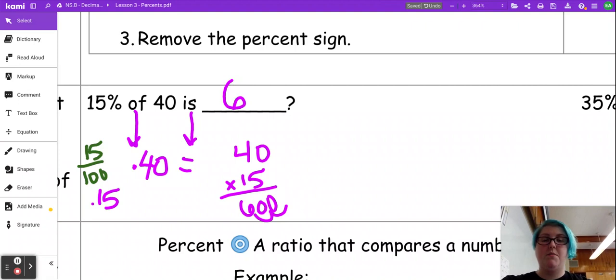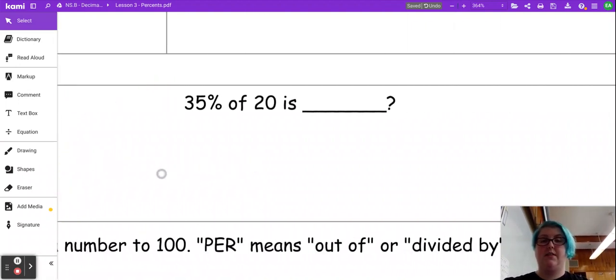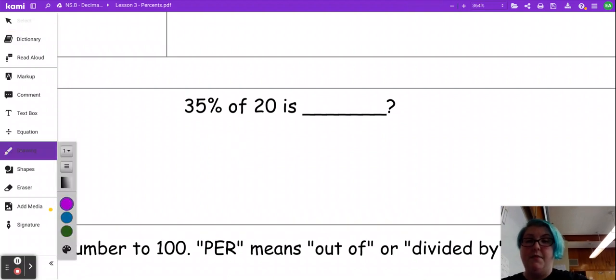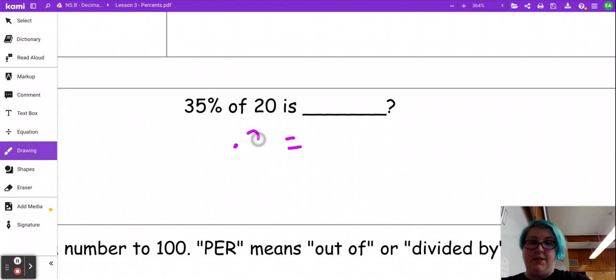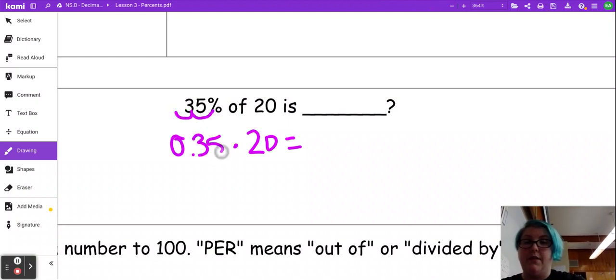So let's do one more to make sure that we understand this. Let's look at 35% of 20. Remember, the of means multiply, is means the equal, 20 is the same. We have to turn 35 from a percent to a decimal, so we move the decimal 1, 2 places: 0.35.